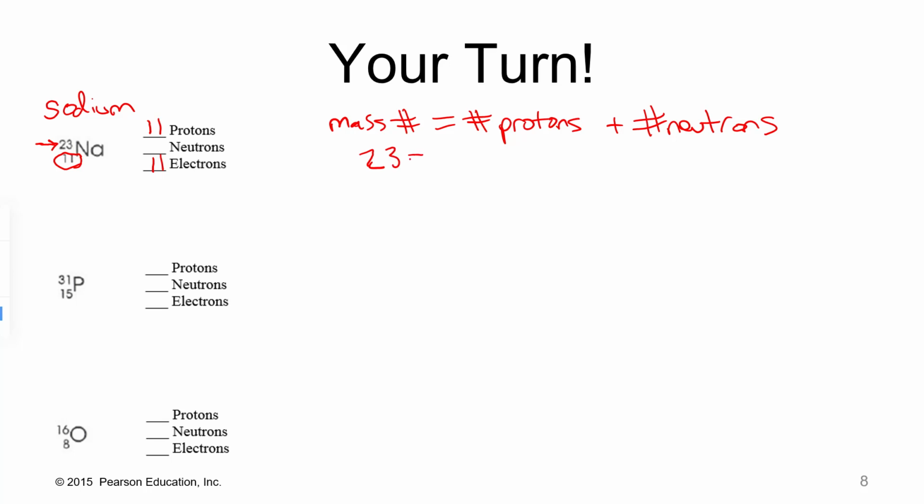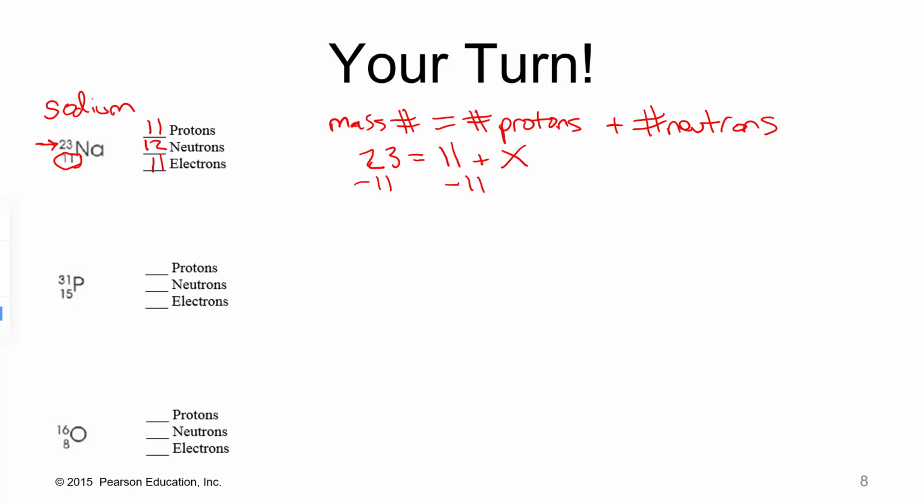So that's going to be equal to the number of protons, which is 11, plus the number of neutrons, which we don't know, so I'm just going to put the variable x. Now we learned how to solve for x in the previous lecture, so we should be able to isolate the x. So we just subtract 11 from both sides, -11, -11. 23 minus 11 gives us 12. So we have 12 neutrons.